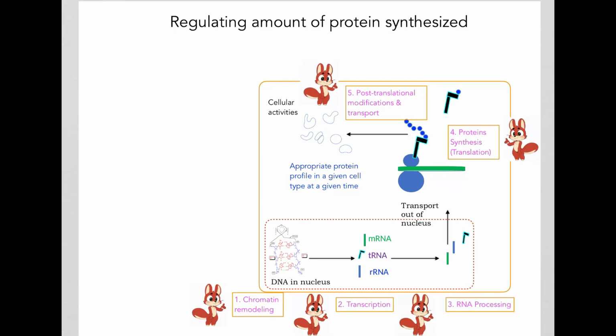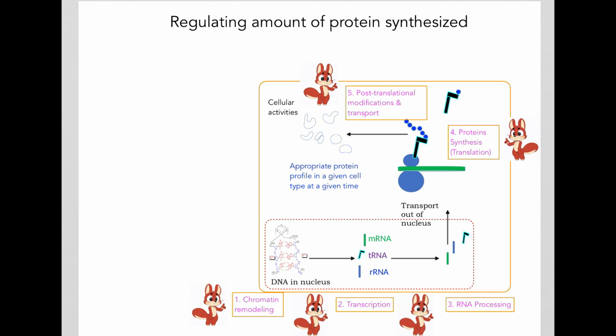So the amount of a given enzyme in a cell really depends on how fast these steps are occurring. The faster these steps occur, the more the concentration of the enzyme. The slower these steps occur, the less the concentration of the enzyme.